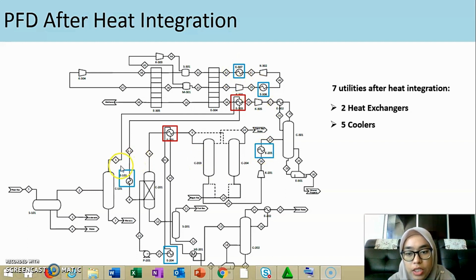However, the duty of this cooler here and here is reduced because we have transferred the heat from this hot stream to be exchanged with this cold stream. That's why our coolers now are reduced in terms of their duty.